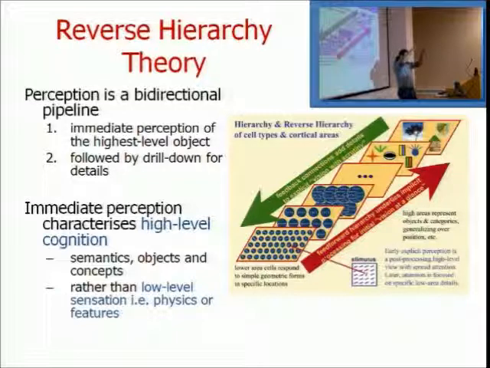Okay? You go to the top level object that you can do automatically, and then if this object is not what you need, you drill down to lower levels to look for what you're looking for. But this first immediate perception is performed automatically, and it goes as high up as it can go.